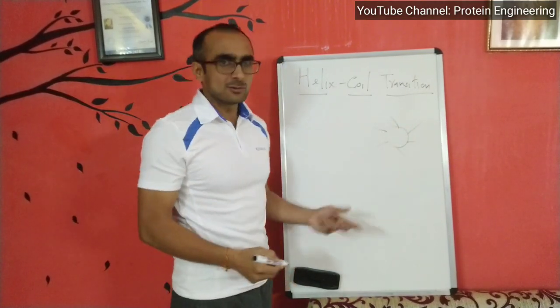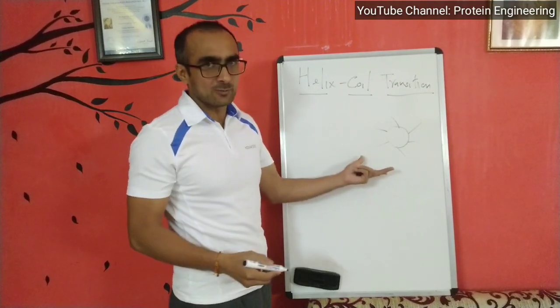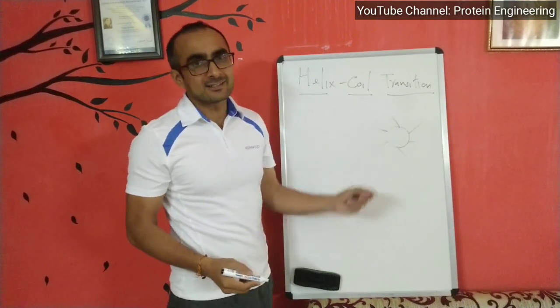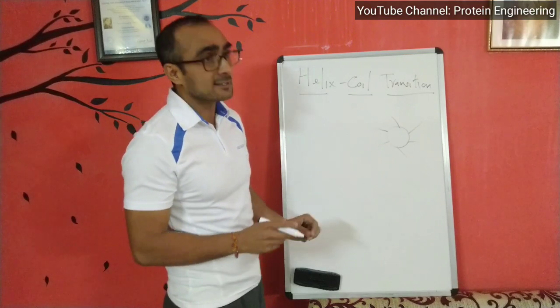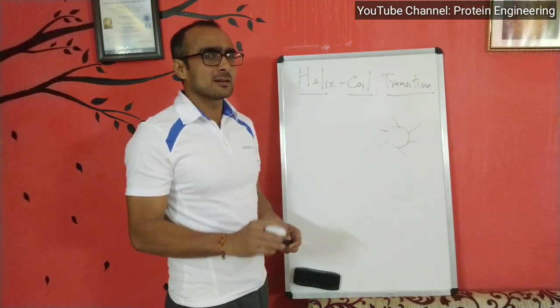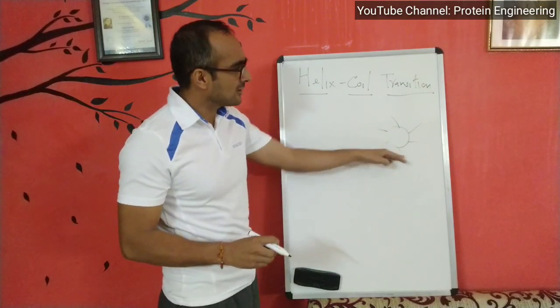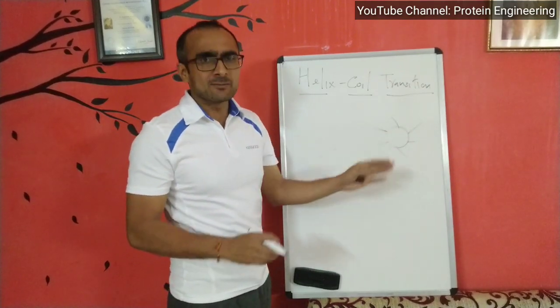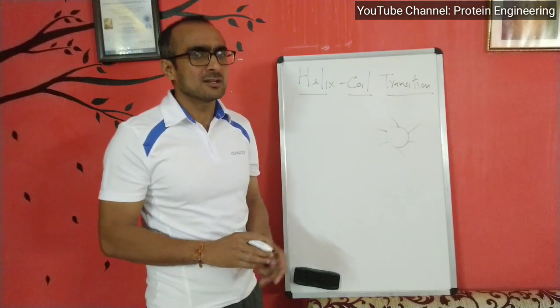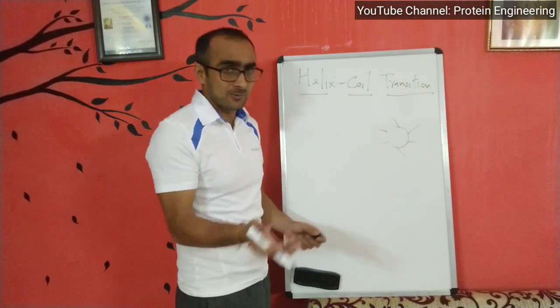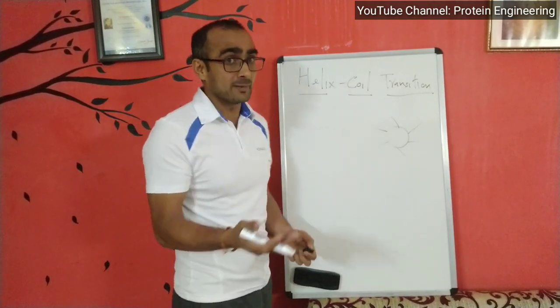So they do not theoretically interfere in helix formation because they are not involved in any interaction. In the alpha helix, hydrogen bonding occurs only between peptide bonds, the main chain CO and NH groups. Side chains are free to accommodate themselves in extended conformation. So theoretically they do not interfere with helix formation.